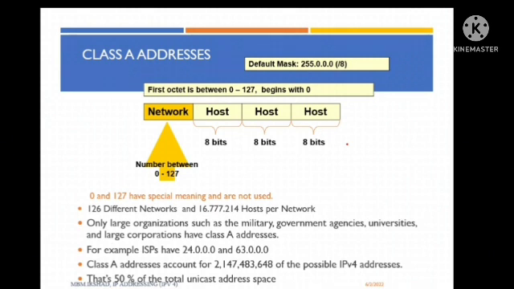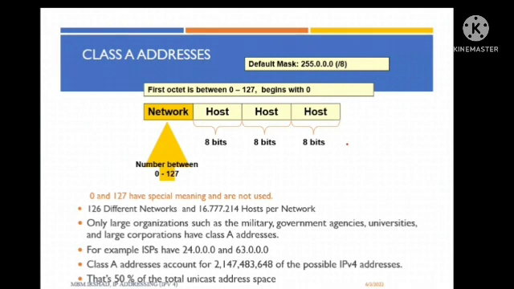Only large organizations such as the military, government agencies, universities, and large corporations have class A addresses. Sometimes ISPs have them, like 24.0.0.0.